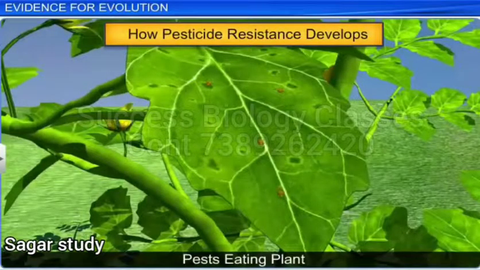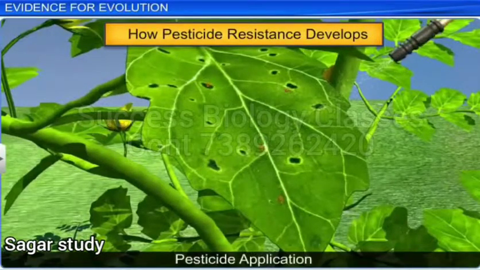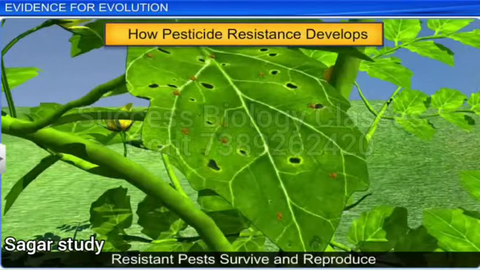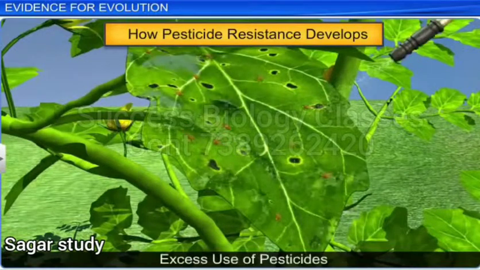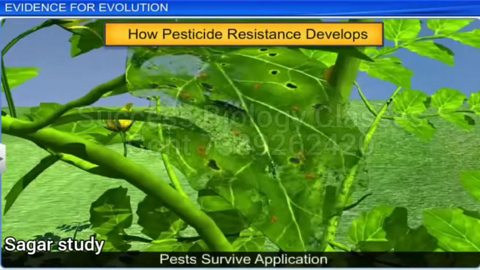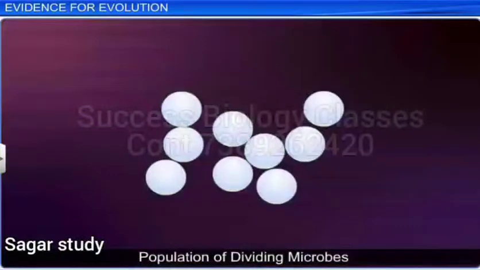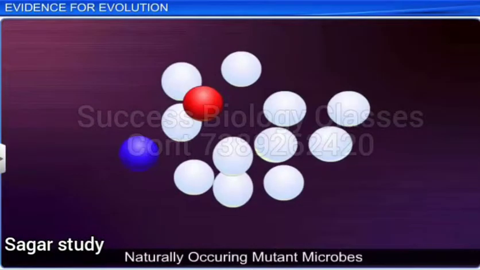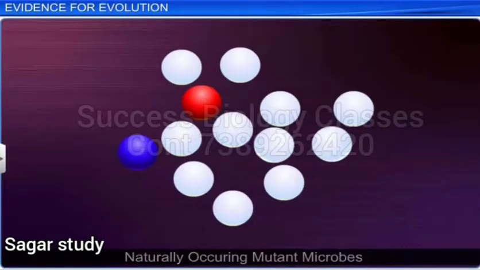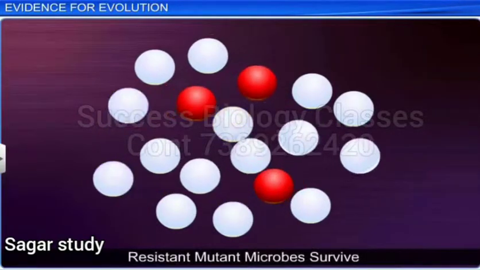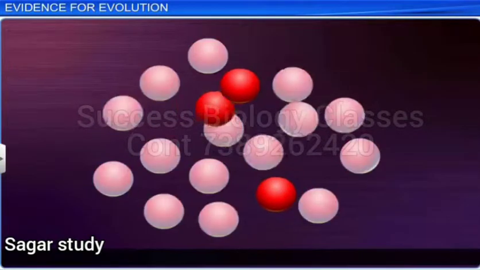Evolution is also impacted by processes and materials derived from human activities. For example, excessive use of pesticides results in a selection of resistant varieties within a small period of time. Similarly, resistant microbes also emerge when we use antibiotics and drugs.